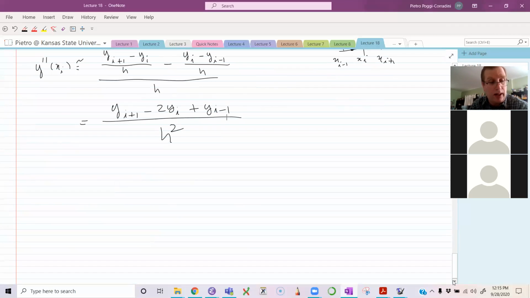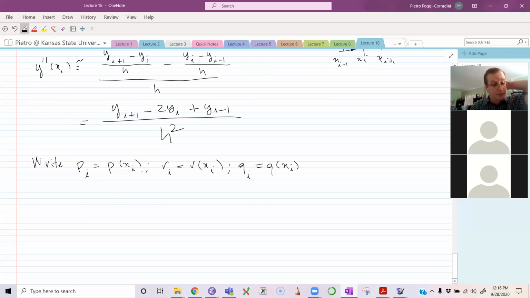equation where I'm going to write p_i for the function p at x_i, r_i for the function r at x_i, and q_i. So with this notation, for an interior point, okay, what do I get?